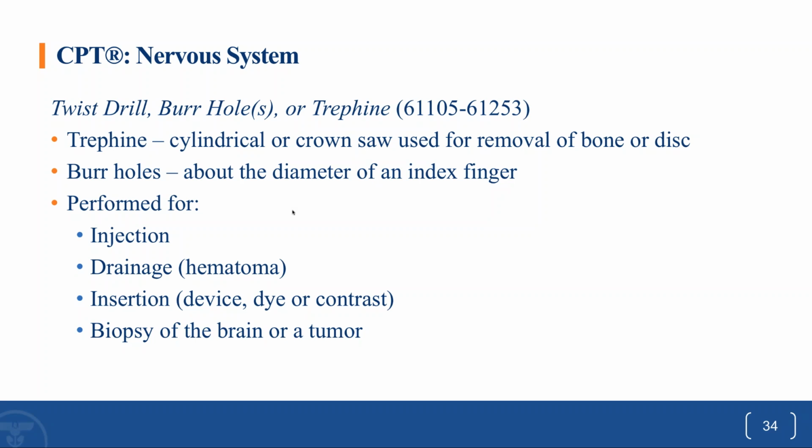So I'm going to ask you, you can put your answer in the chat box. If I was going to do a biopsy of a brain or a tumor, which one do you think I would use, a twist drill or a burr hole, to get a biopsy?